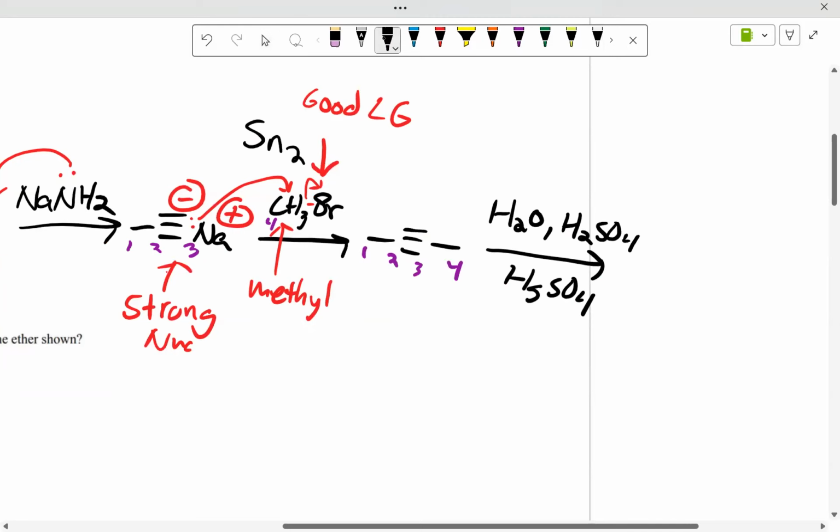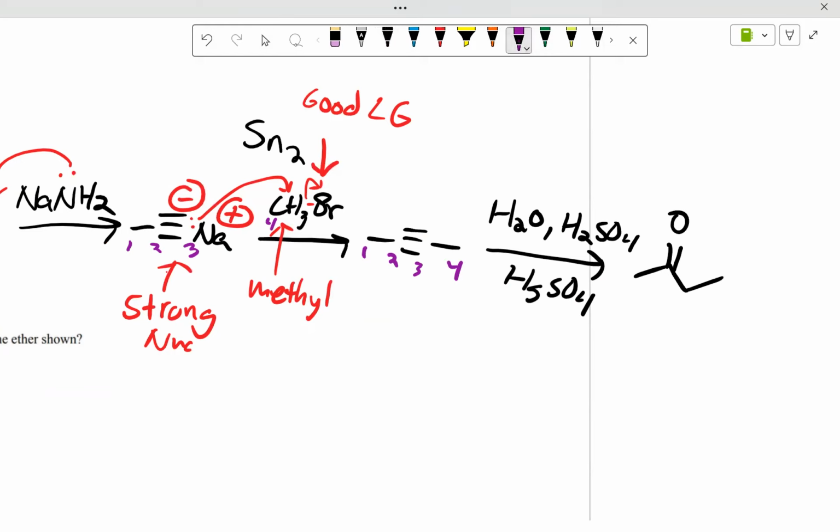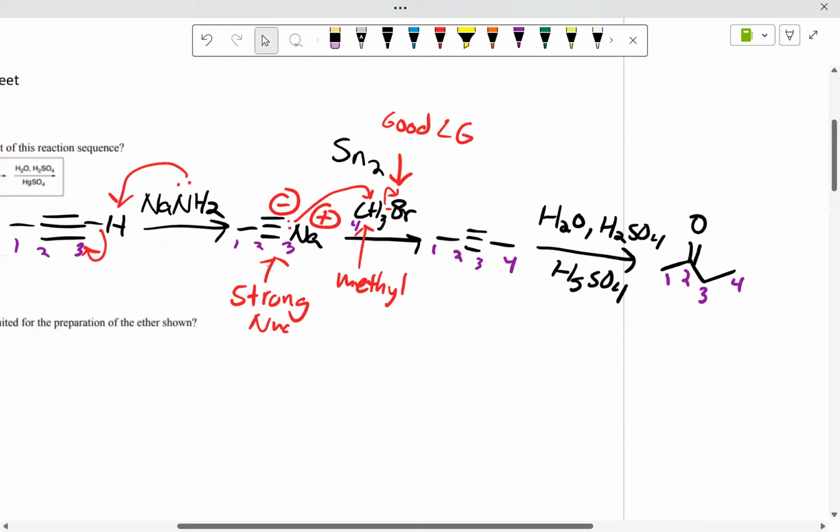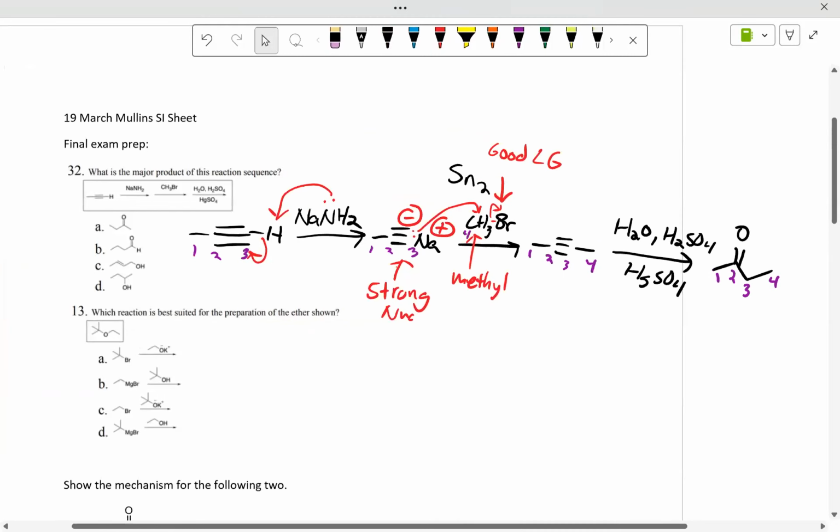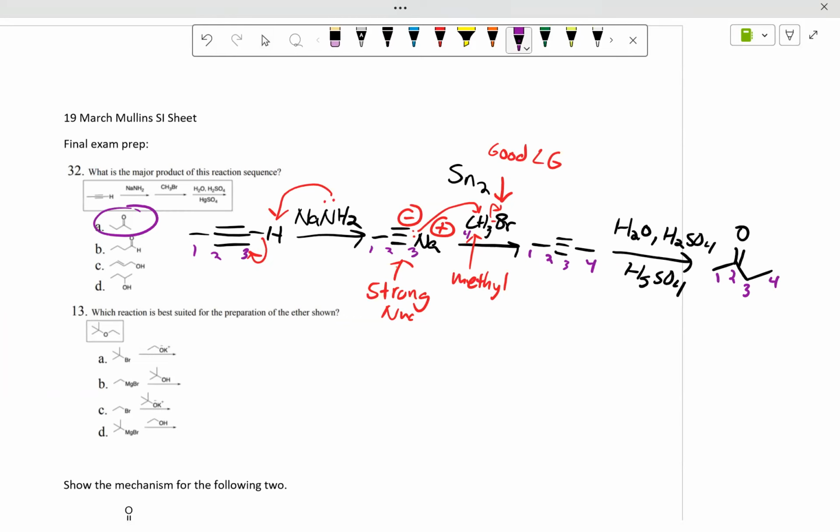So 1, 2, 3, 4, 5. It's going to create a ketone on a part of the alkyne. I chose carbon 2. You could have also put it on carbon 3, but that's what it's going to do. Based on that, this should be option A. What I drew is just a flipped version, but that's okay.